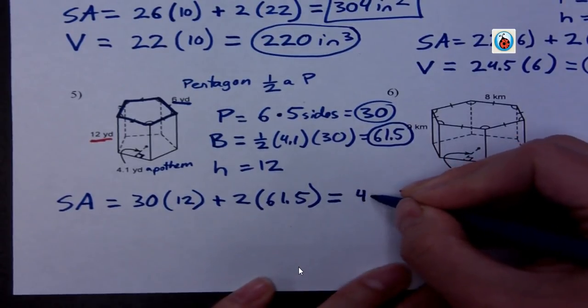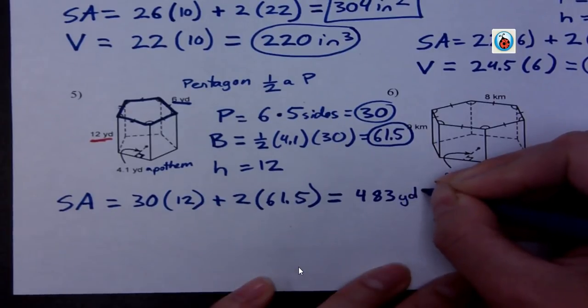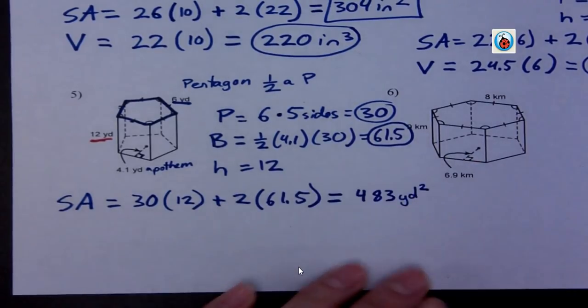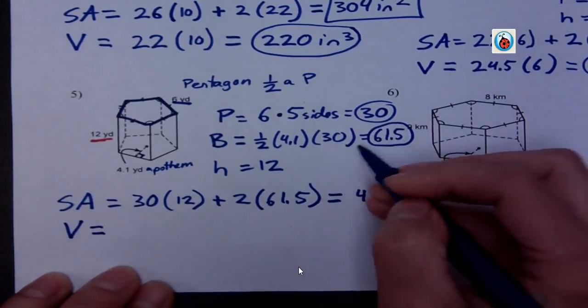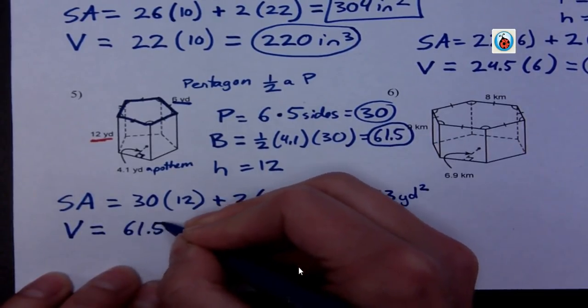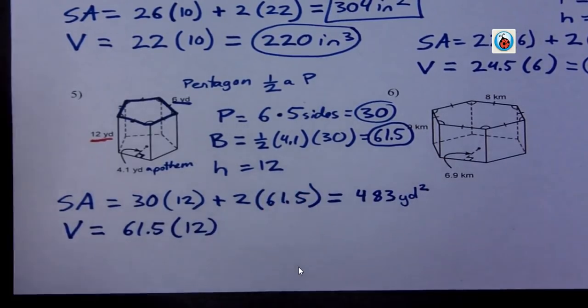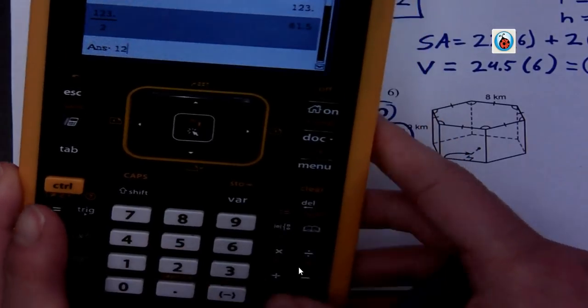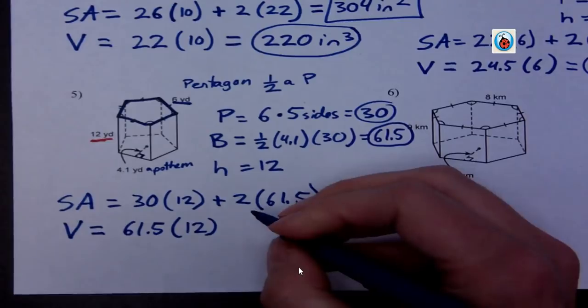I get 483 yards squared. And volume equals just the area of the base times the height. And so I go to my calculator, do that times the height, and get 738.